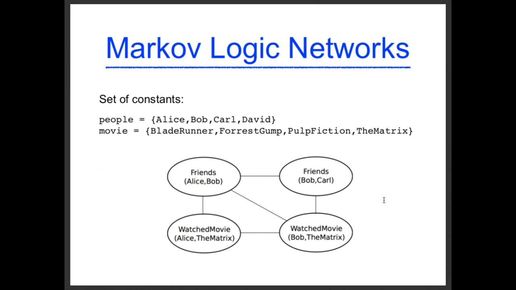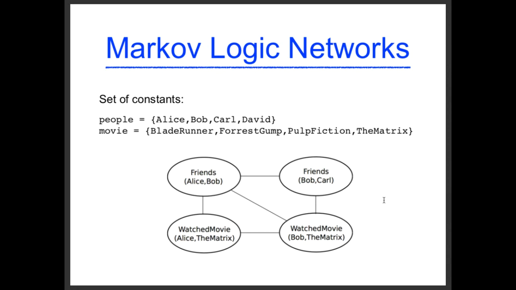And movie, I have Blade Runner, Forrest Gump, etc. And in this part of the Markov network, I have a node for each ground predicate. Okay, so I have substituted a constant to each variable. Okay, these are 4 of them. And I have a link in case 2 of these predicates appear together in at least one ground formula.